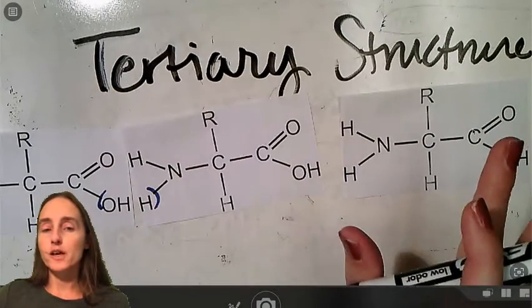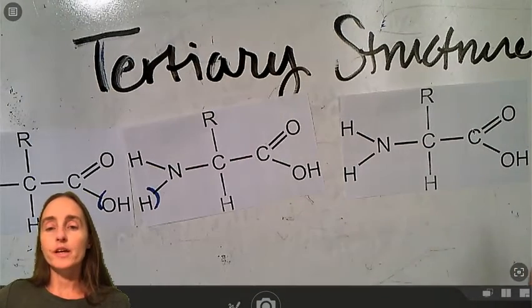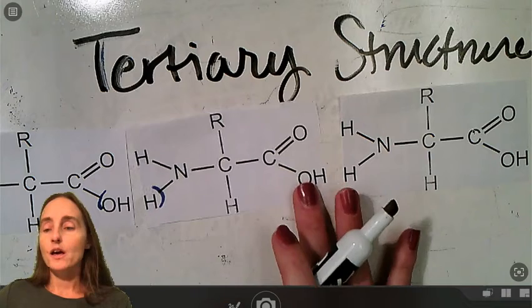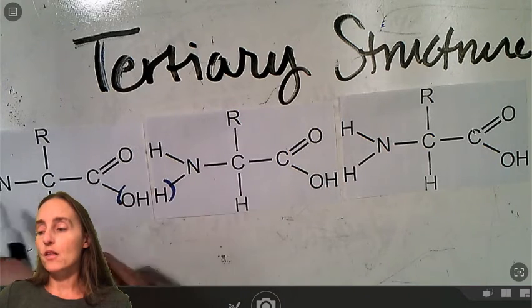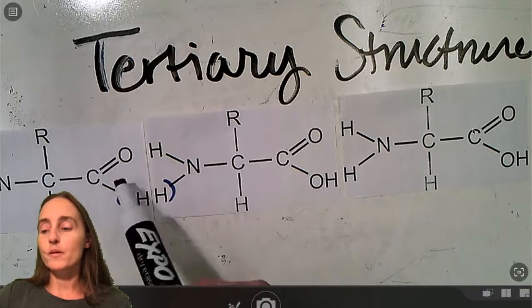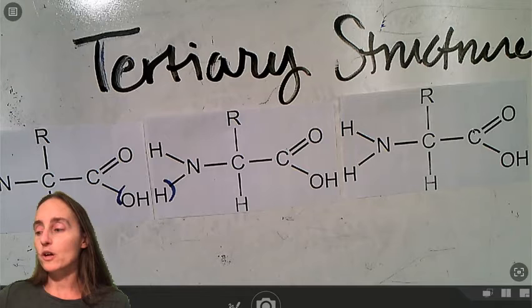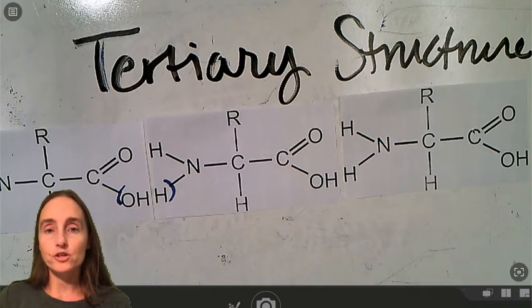So it wouldn't matter if it was lysine or glutamine or methionine or any of those. It wouldn't matter, because all of the amine groups and carboxyl groups are the same. And so primary and secondary structure don't have anything to do with mutations. Whenever you have a mutation in your DNA, it affects the structure of your protein.